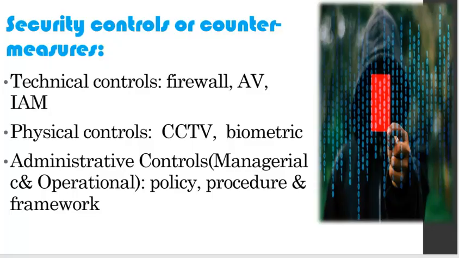All these are physical control. And the administrative controls are also very important, which dictate how to take action in technical or physical control, in the form of policy, procedure, and framework.